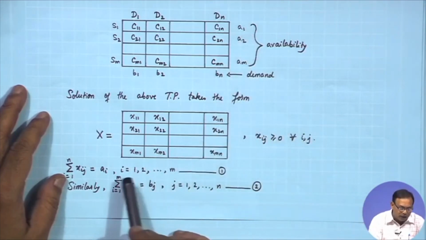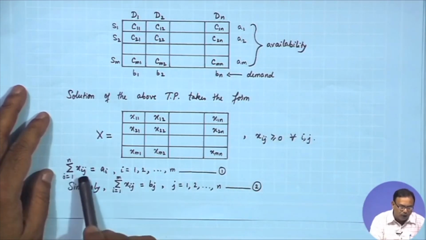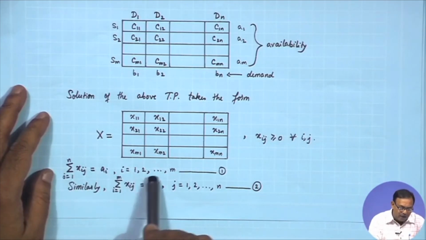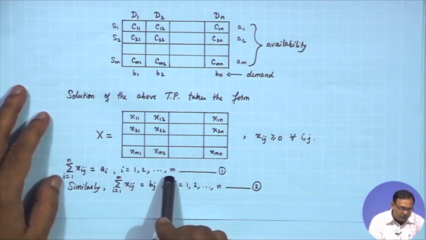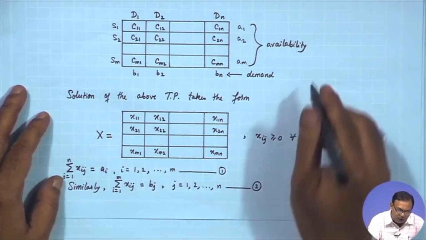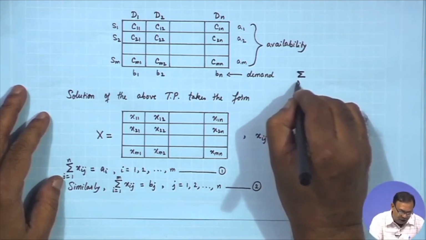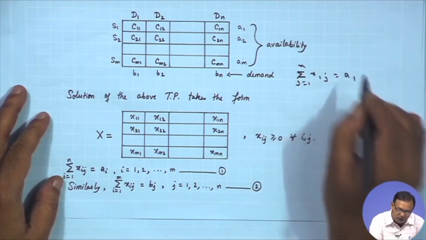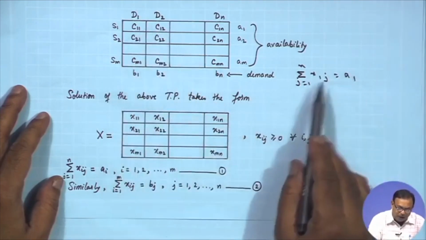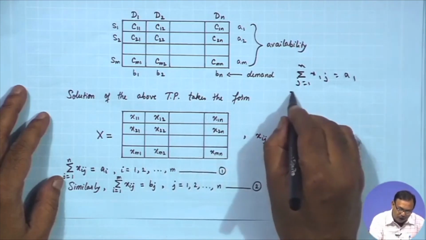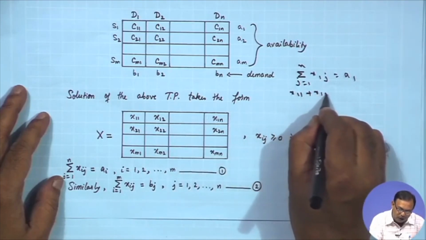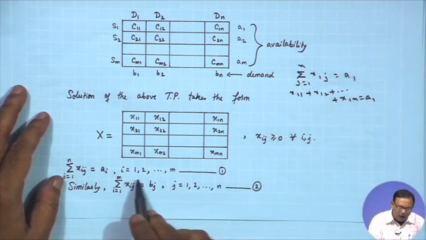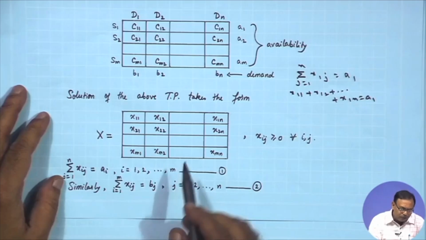Mathematically, summation j equals 1 to n of xij equals ai, where i varies from 1 to m. For example, summation j equals 1 to n of x1j equals a1, meaning x11 plus x12 plus, like this, x1n equals a1, and i will vary like this from 2 to m.